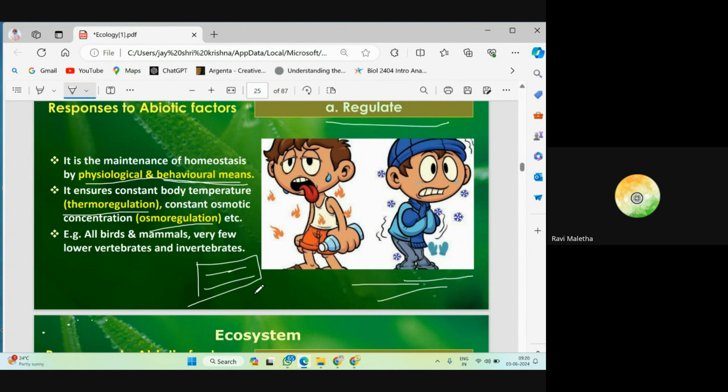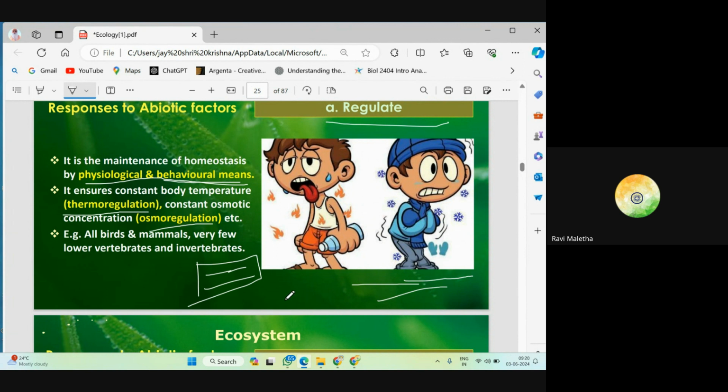So if inside the fish body there is much more salt present per liter of water, but in the sea there is less salt present per liter of water, then if the fish goes into the sea, there is a very high chance that water will start flowing from higher concentration to lower concentration. So it will lose its osmolarity.